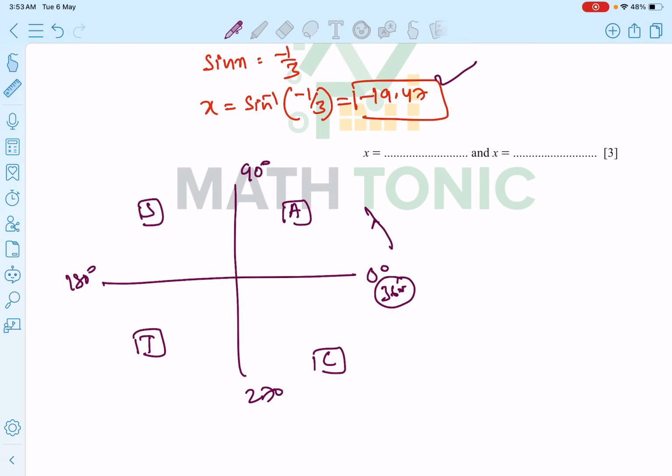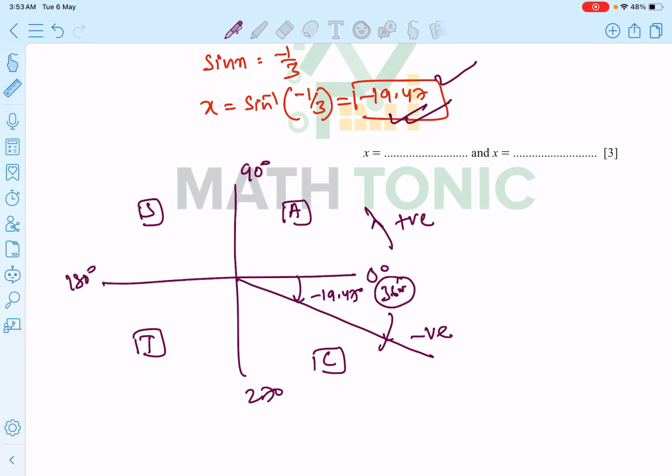If you go this way it will be a positive angle, if you go this way it will be a negative angle. Got it? Now you tell me, -19.47 will be lying in which quadrant? Fourth quadrant, and that too in this direction. So I'm taking it as -19.47.